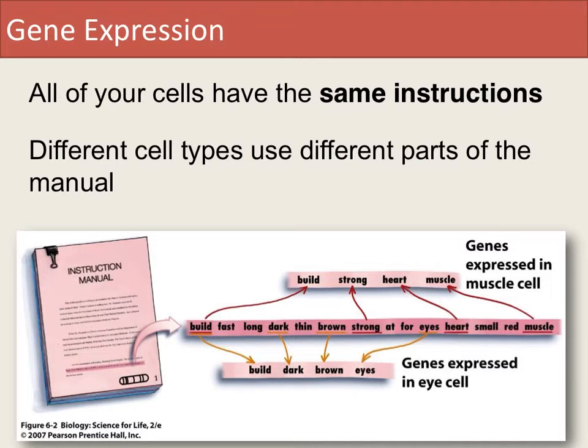So, all of your cells have the same exact number of instructions. In other words, each cell doesn't just contain the genes that are coded for that cell's proteins. Each cell contains the whole genome.